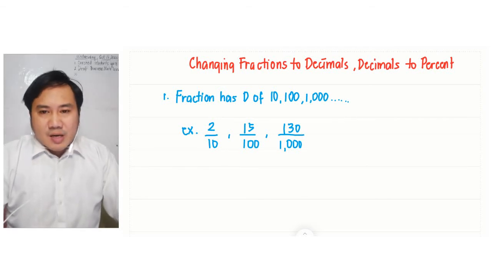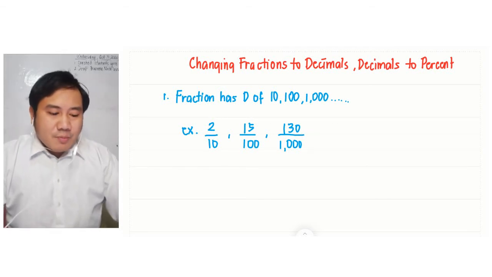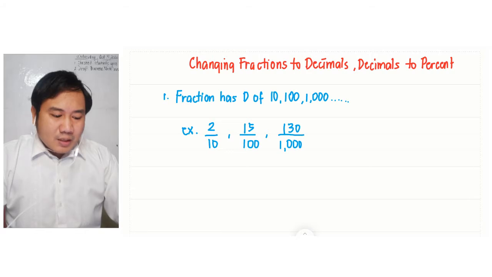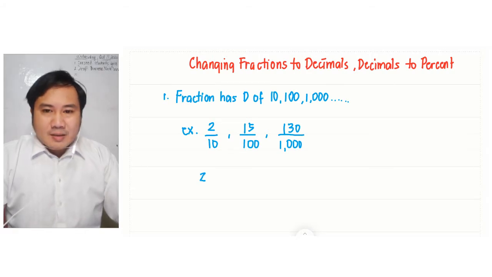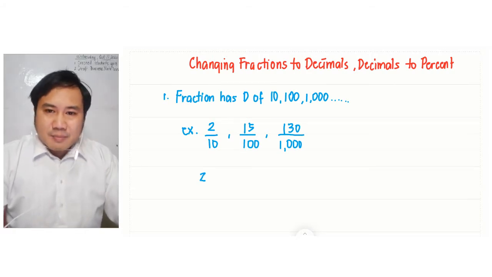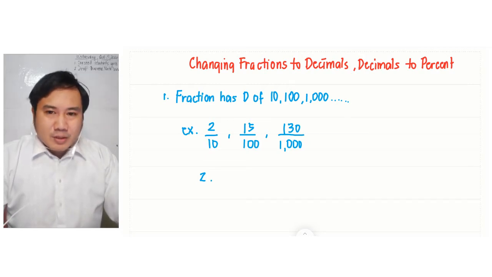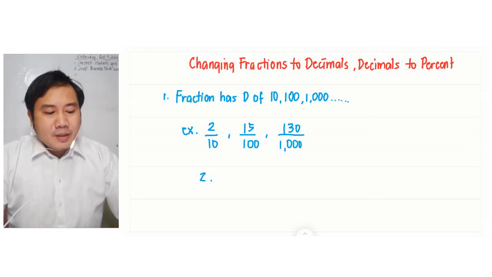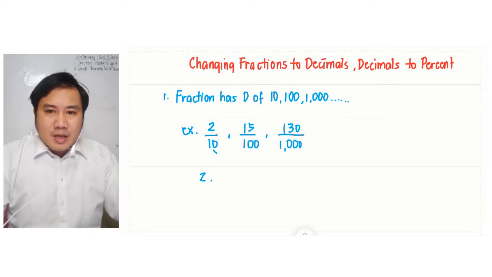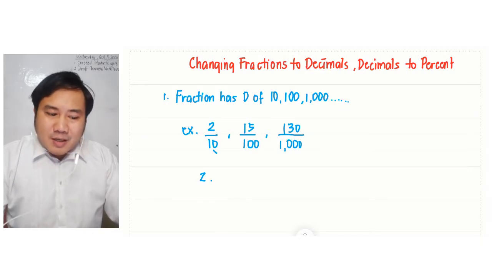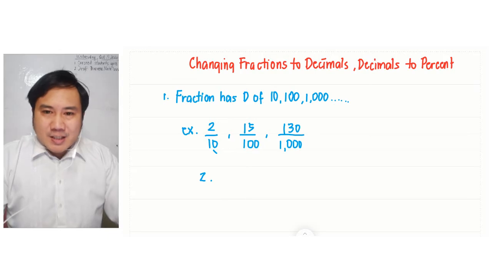To change these fractions into decimal, ang una mong gagawin, you write the numerator. And then, locate kung nasaan ang decimal point. For a whole number, nandito lagi ang decimal point, nasa dulo. Okay? Now, kung ilan ang 0 sa denominator will determine ilang decimal places mayroon ang decimal number natin.